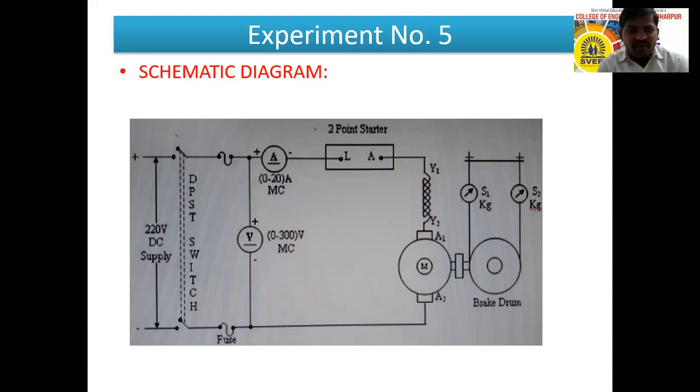What is the formula for calculating power output? P out, काय formula आहे?